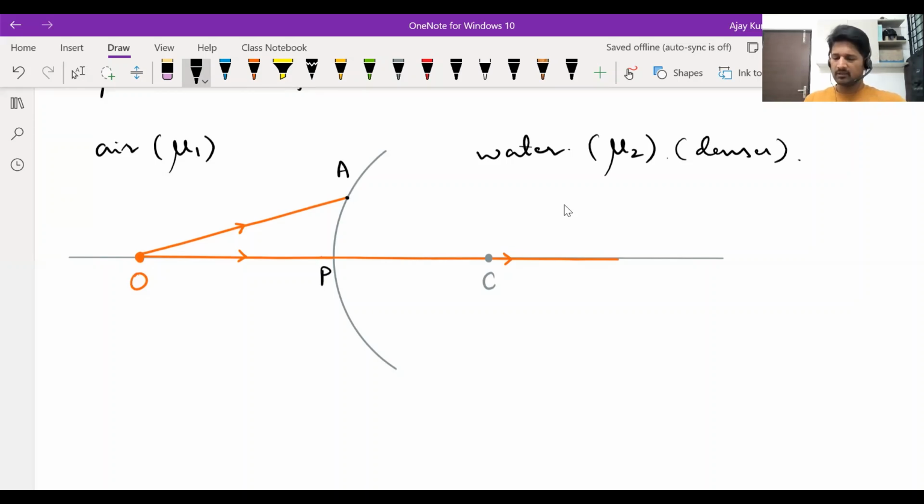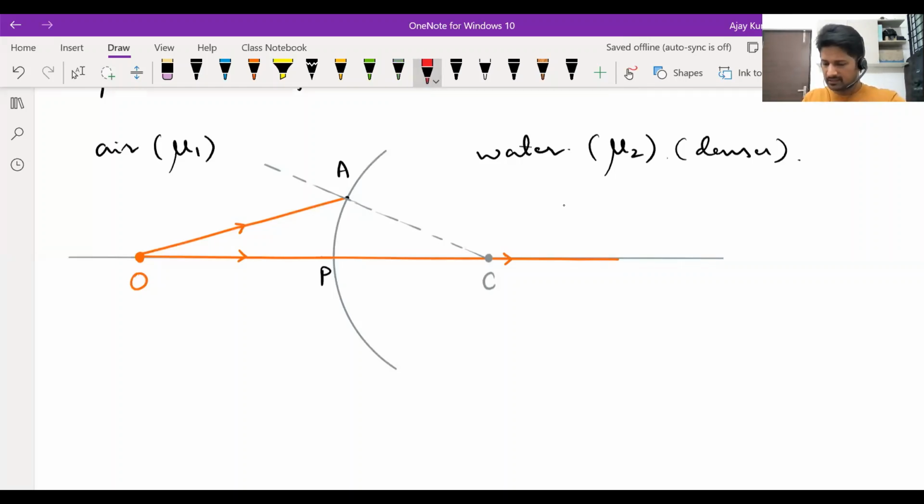One of you quickly tell me, when light enters from rarer to denser medium, how should it bend? Towards the normal, sir. Towards the normal. So we'll draw the normal first so that we'll be able to draw the refracted ray properly. Line joining the center to any point on the surface of a sphere becomes a normal automatically.